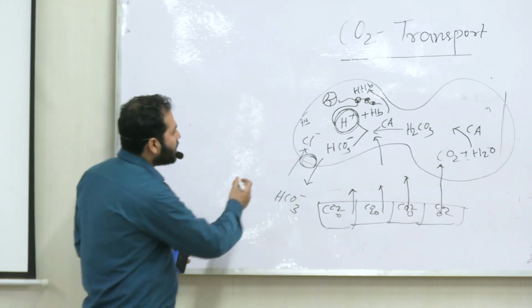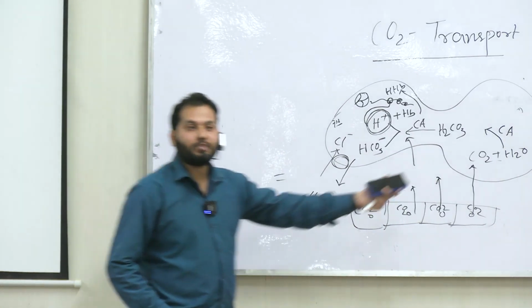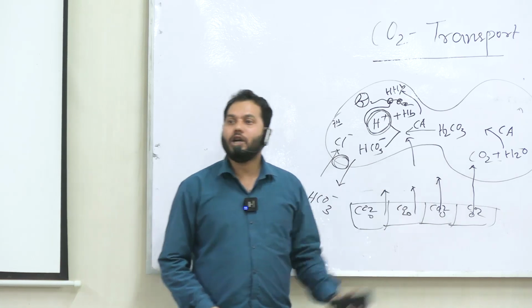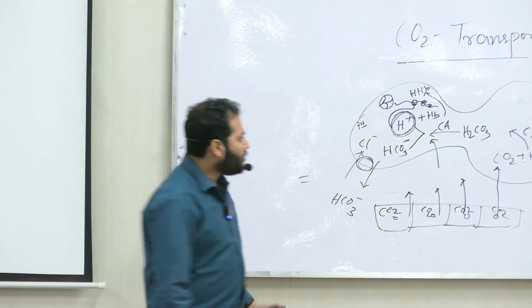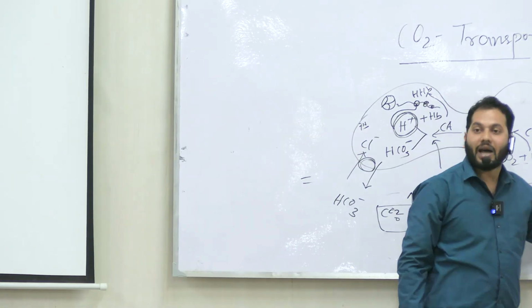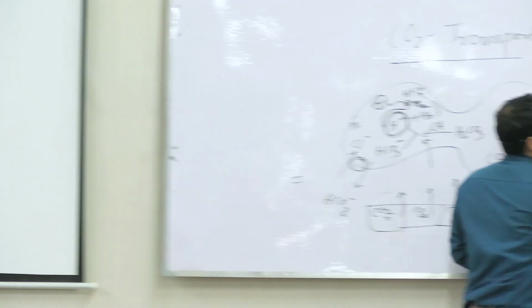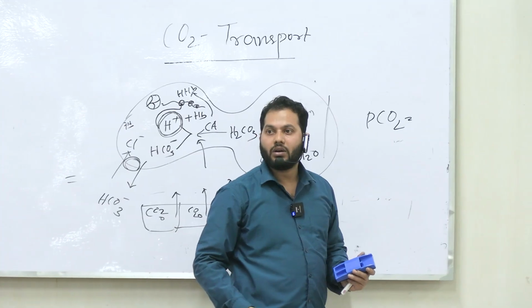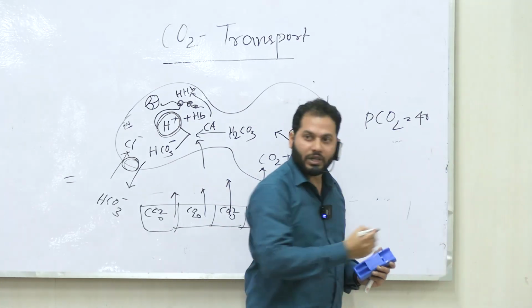Now see this part is basically carried out in the systemic capillary. Now if you see, as I have already mentioned, in the pulmonary artery, what was the concentration of PCO2? What was the PCO2? That is around 40 mmHg.